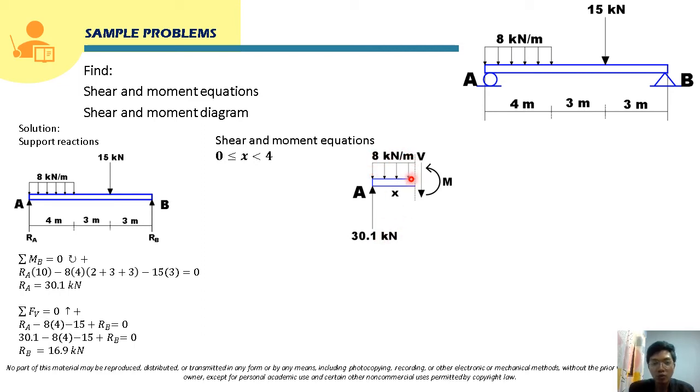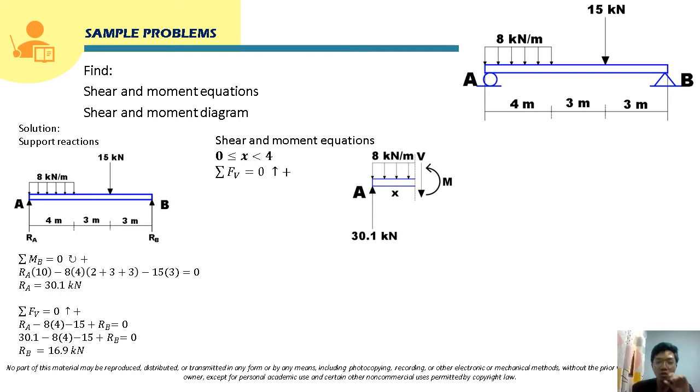The distributed loading here, class, is 8 kilonewton per meter, since this is a constant or uniform loading. So from here, at the cut section, there will be an internal shear force V and an internal moment M.